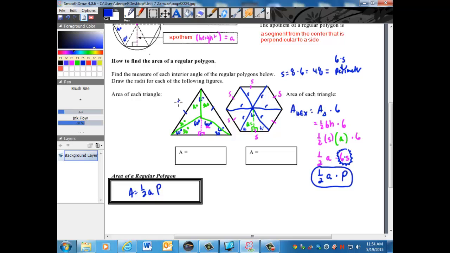And our sides, again, will be S for sides, and so this side is going to be S. And so, again, for our formula, I can take area is equal to 1/2 A and then the perimeter of our triangle. And again, I can take 1/2 our apothem multiplied by the perimeter of our hexagon. Okay, so we have 1/2 A times P. Let's go ahead and jump over to the next slide.